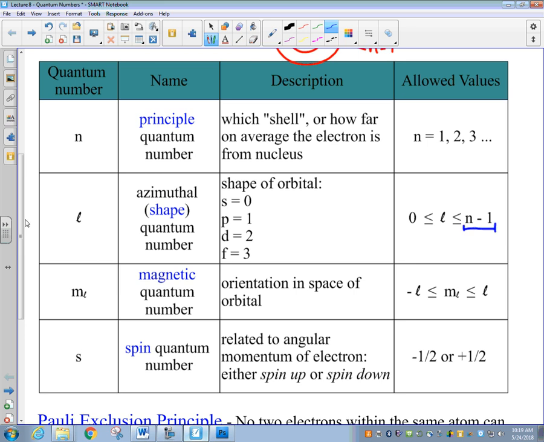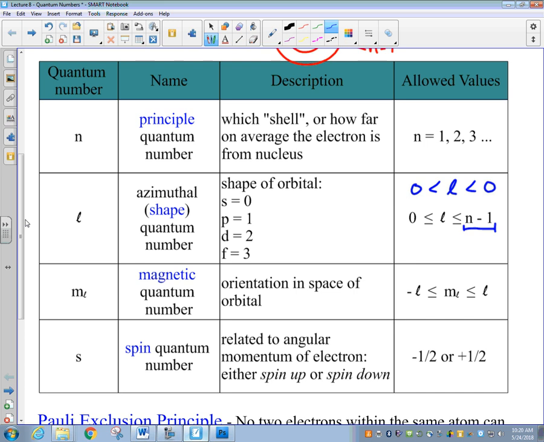So if you're in the first period, where n equals 1, the first shell of electrons in your atom, the allowed values for the azimuthal shape quantum number will go between 0 and n minus 1. If n is 1, that would be between 0 and 0, which means the only allowed value for the shape quantum number in the first principal quantum number would be a value of 0.